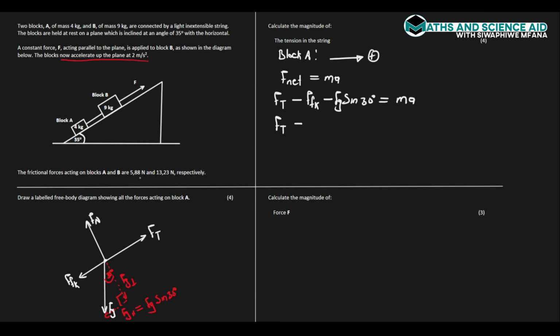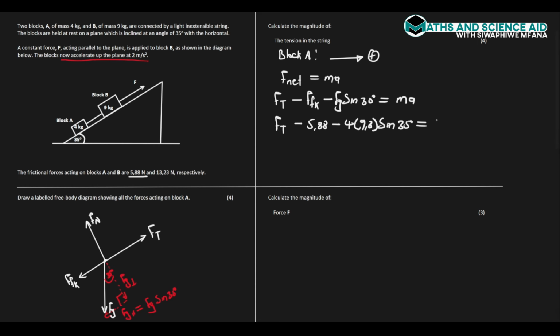The kinetic frictional force as given here is equal to 5,88 newtons for block A. And then we can calculate Fg by taking the mass of block A and multiply it by the gravitational acceleration, which is 9,8. And then we multiply that by sine 35 degrees.